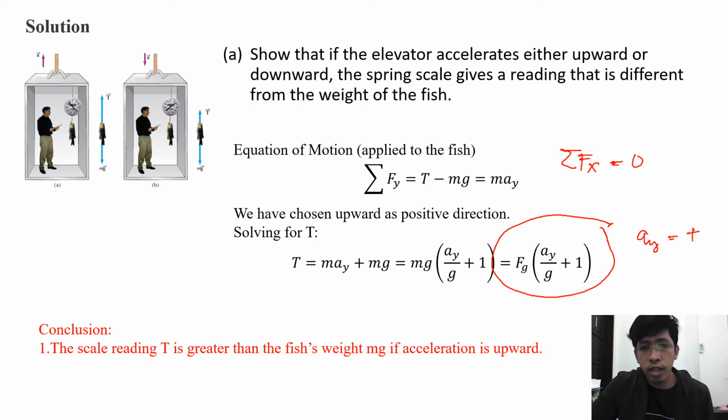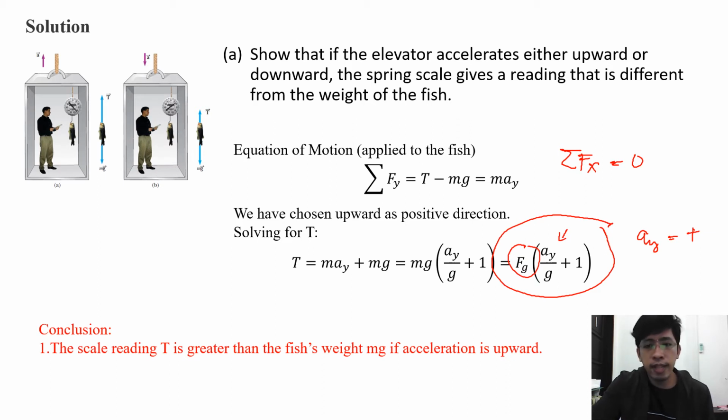It just adds some value to your plus 1. So your weight, which is given by your Fg, multiplied by this quantity here, makes your weight a little greater than the normal weight of the fish.